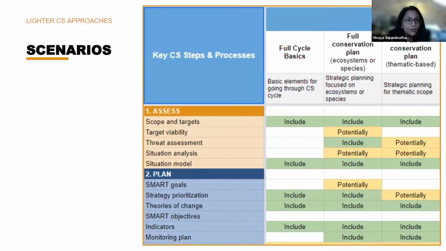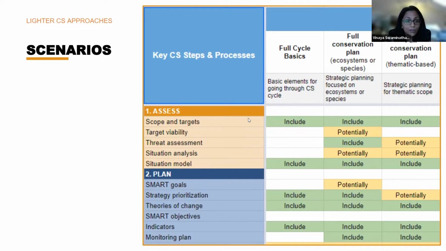I'll just quickly show you here a screenshot of this spreadsheet that we've developed to help us build out those recipe cards for the different scenarios. This is just a screenshot of part of that spreadsheet where you can see the row headers are the different steps and substeps of the conservation standards. The column headers are those different scenarios.